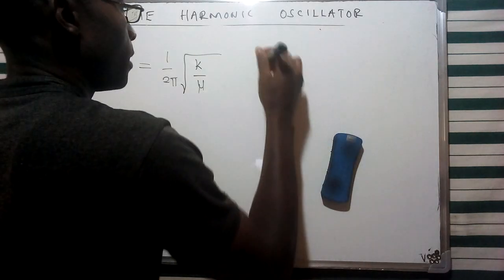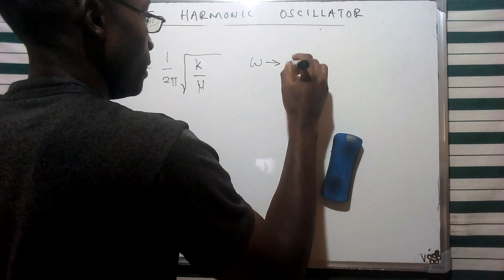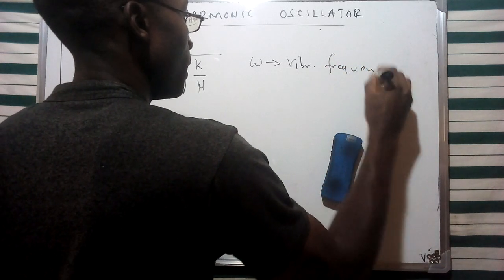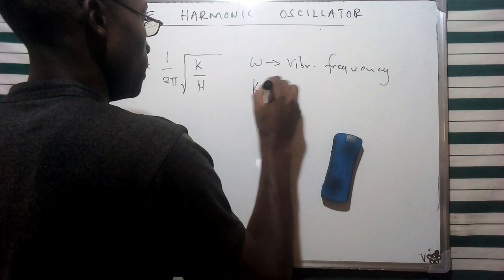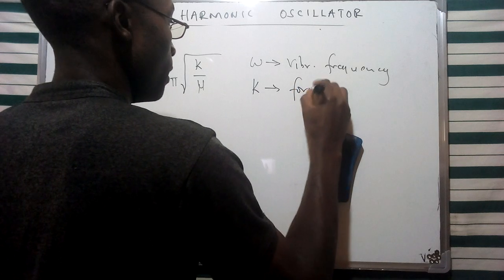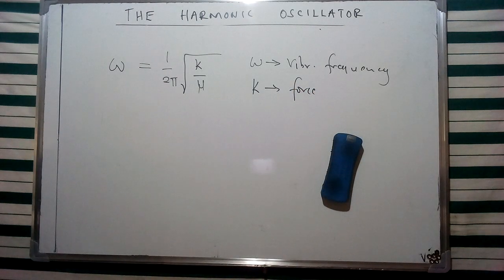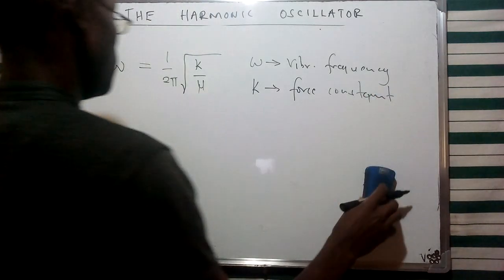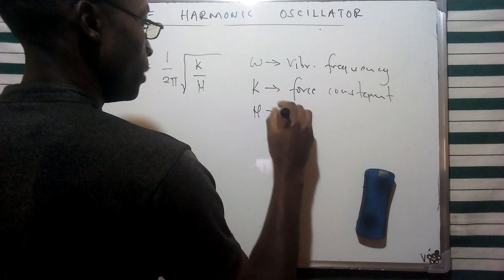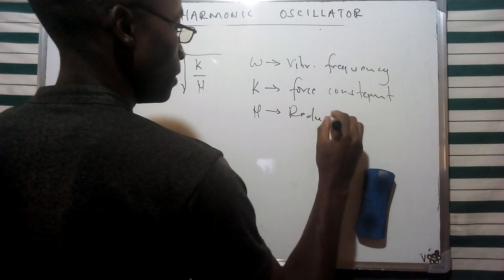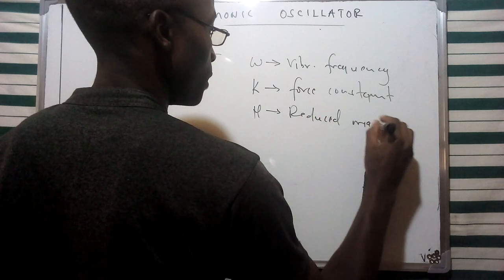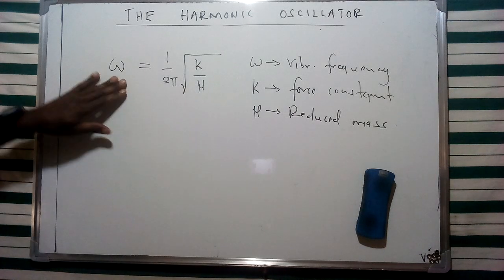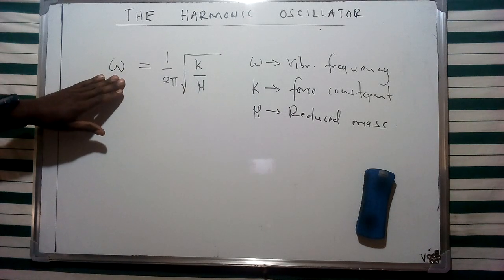And I said that basically omega implies a vibrational frequency, and then we had k, which represented the force constant. And then lastly, we had considered the reduced mass given in this specific notation. So the relationship between the three gave us this particular vibrational frequency.